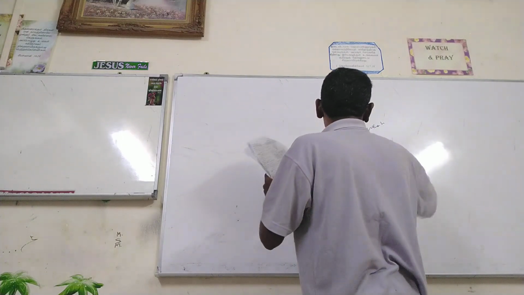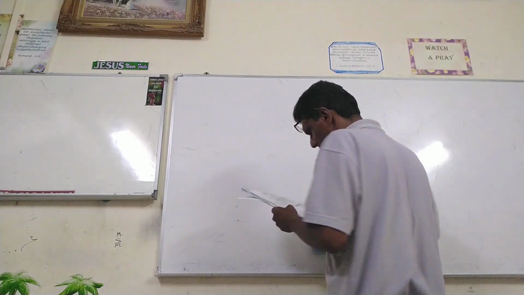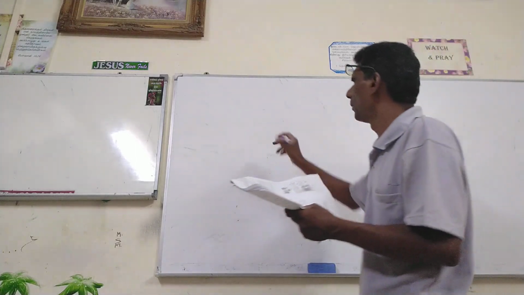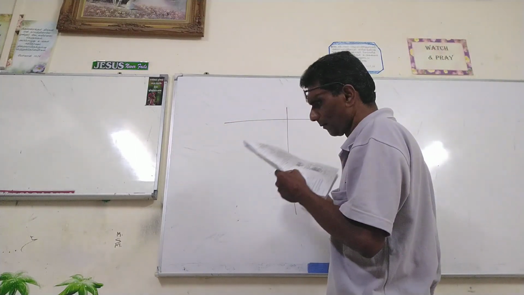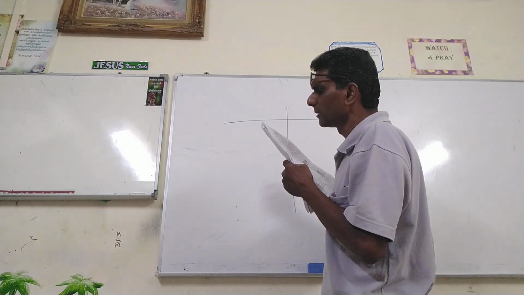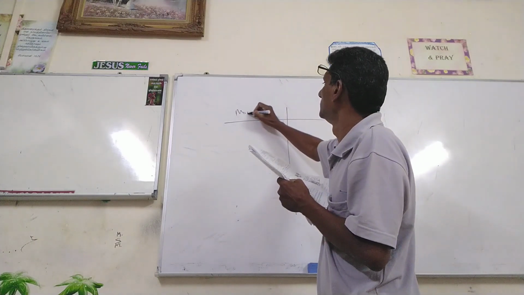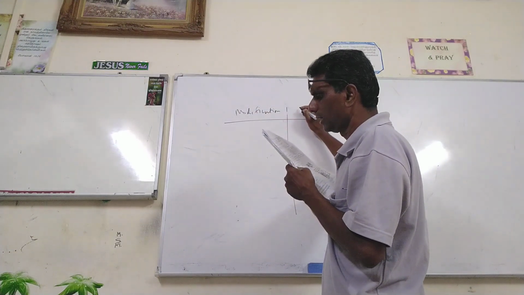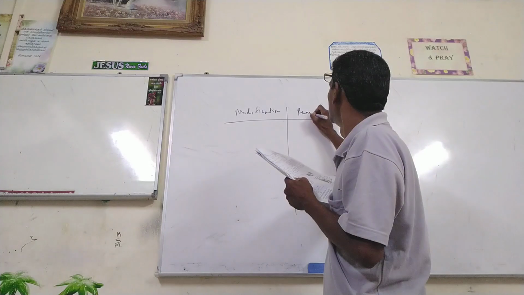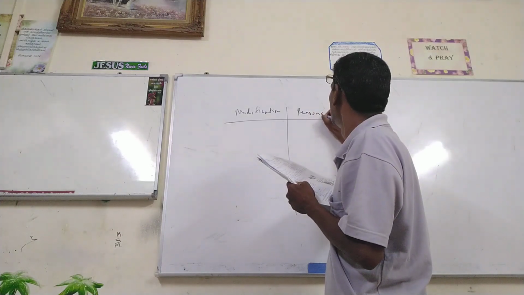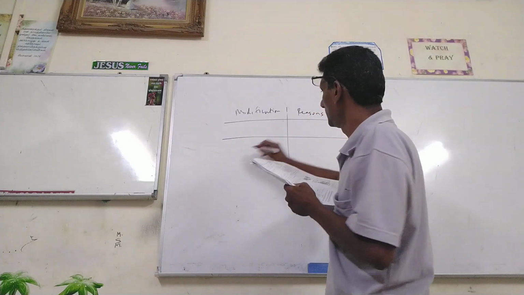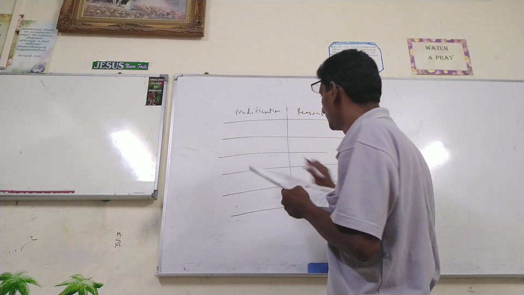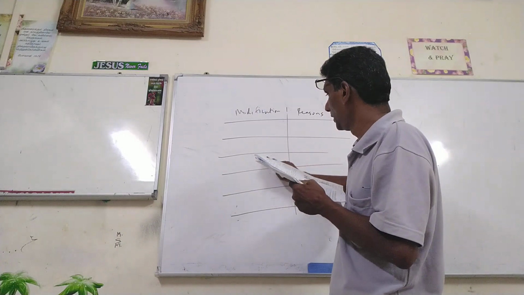Because for this question you must do it in a table format. The concept of modification, and second one, reasons. Modification, okay? There are 5 characteristics because it is 10 marks.